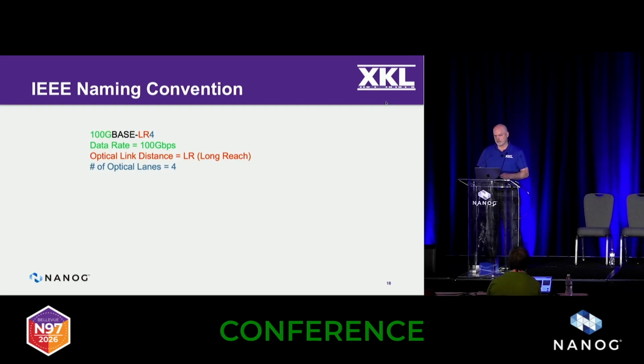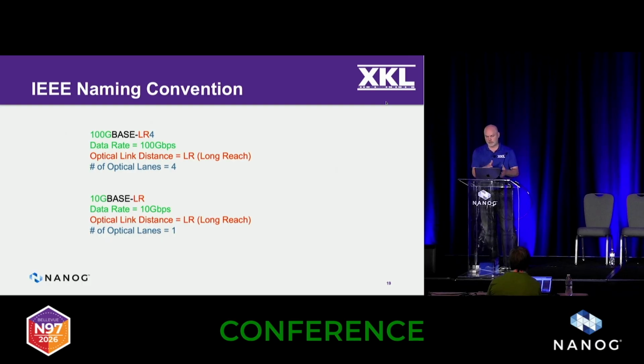And as things grow and data rates get higher and you start using different modulation schemes, different number of lanes, the scheme expands from there. So 100G base LR4, very common 100 gig interface, is going to be using 4 lanes, LR4, that's what the number 4 refers to. So you can see here, if it doesn't have a number, typically that means 1.